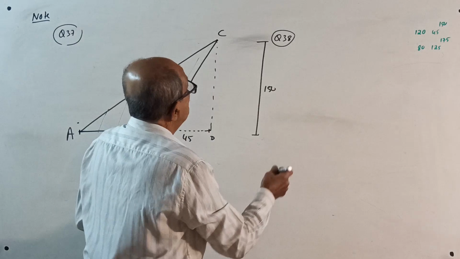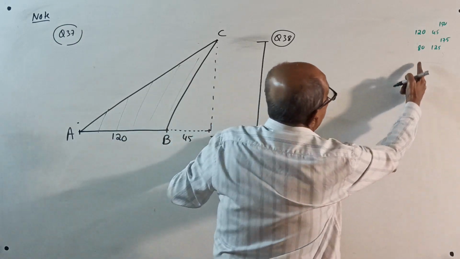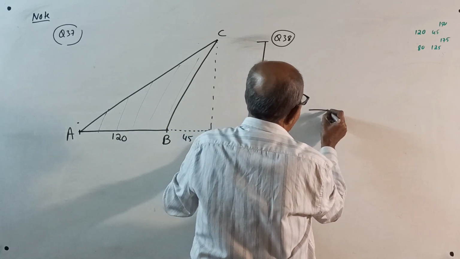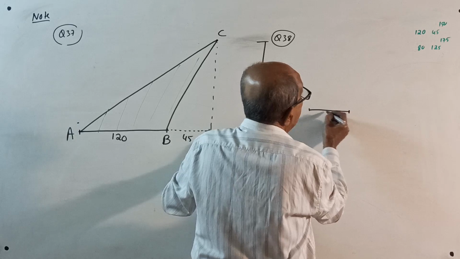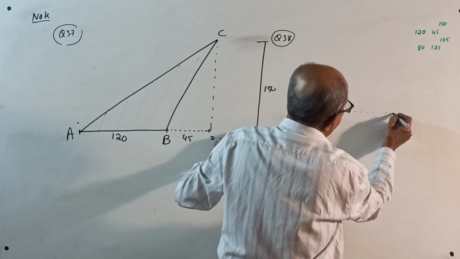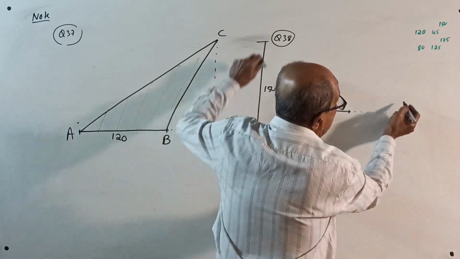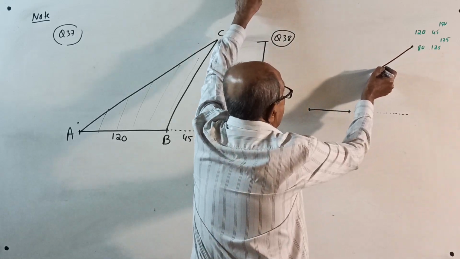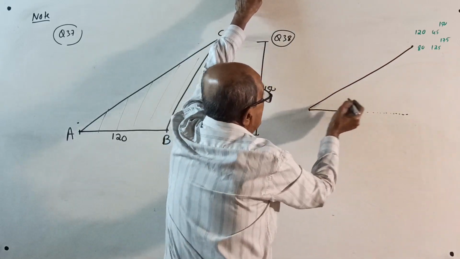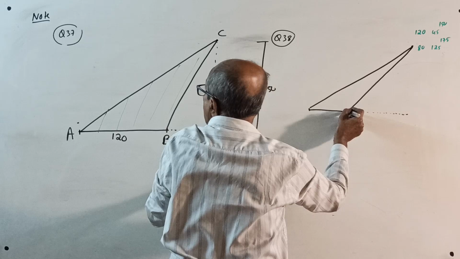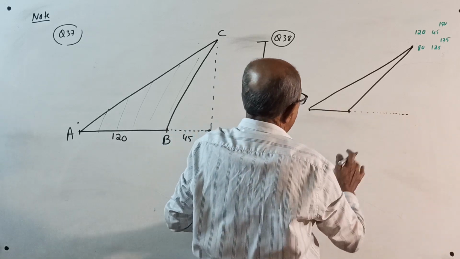Okay, now, and question number 38 is 80 base, then 125 here, up to here 125. Height is 175, okay, here. This is question number, or should I take a little bigger?